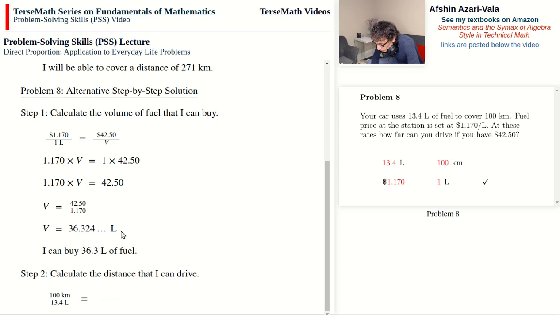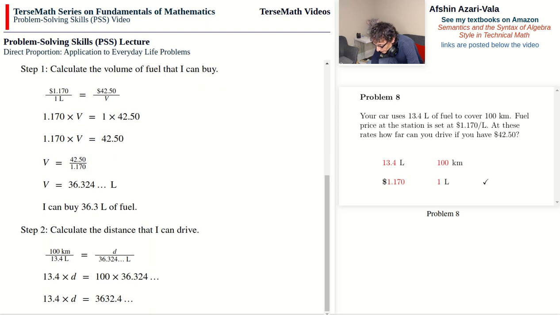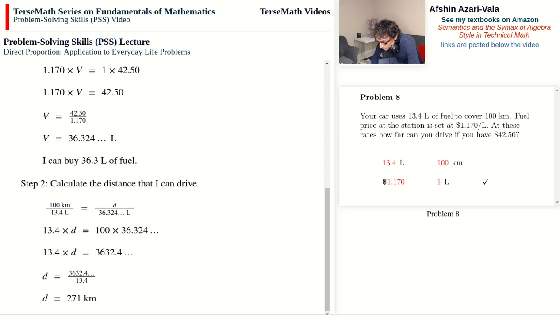And the actual volume that I have is 36.3 liters, and that goes down here on the side of liter. And on top we put down the distance in kilometers. We do a crisscross, simplify, and then divide the right side by 13.4, and we find that I can cover a distance of 271 kilometers.